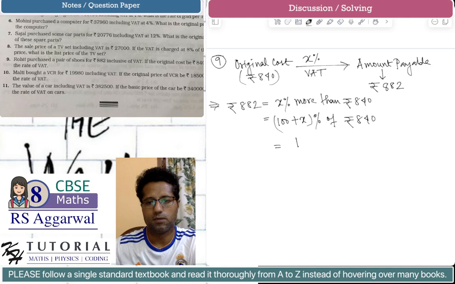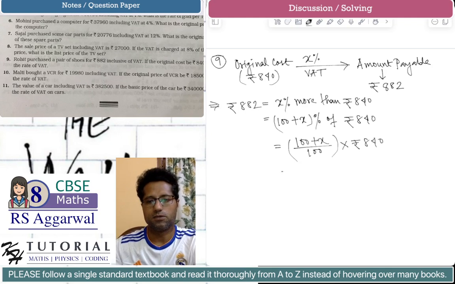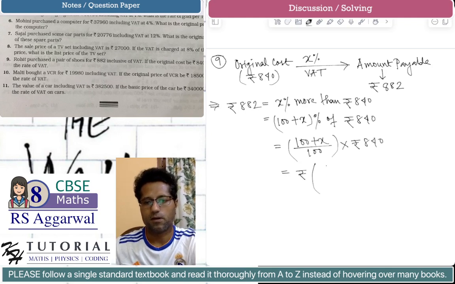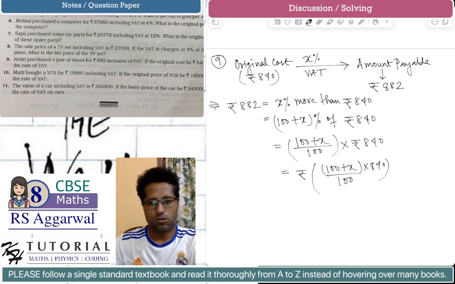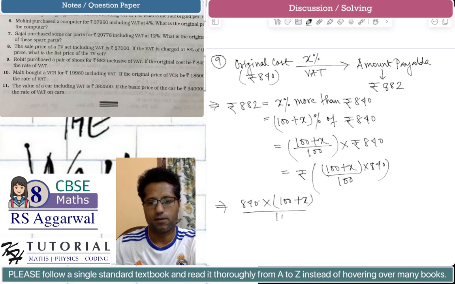This is equal to 100 plus X divided by 100 multiplied by rupees 840. So we can say now that 840 multiplied by 100 plus x divided by 100 should be equal to 882.